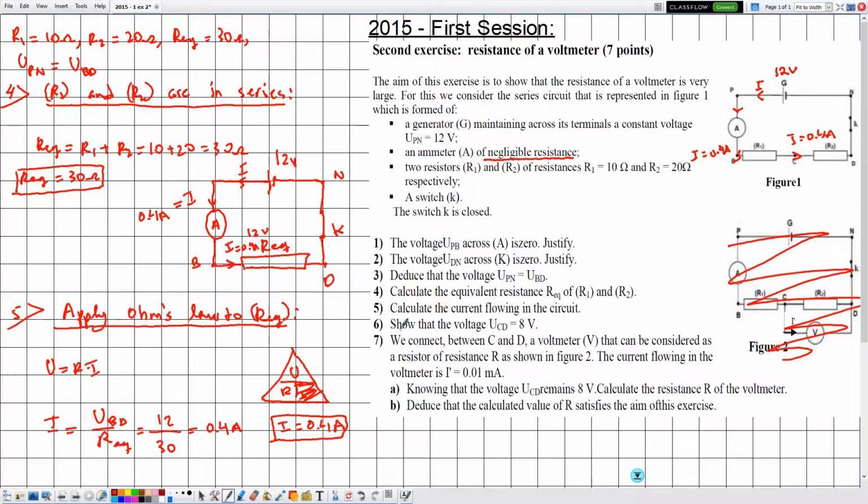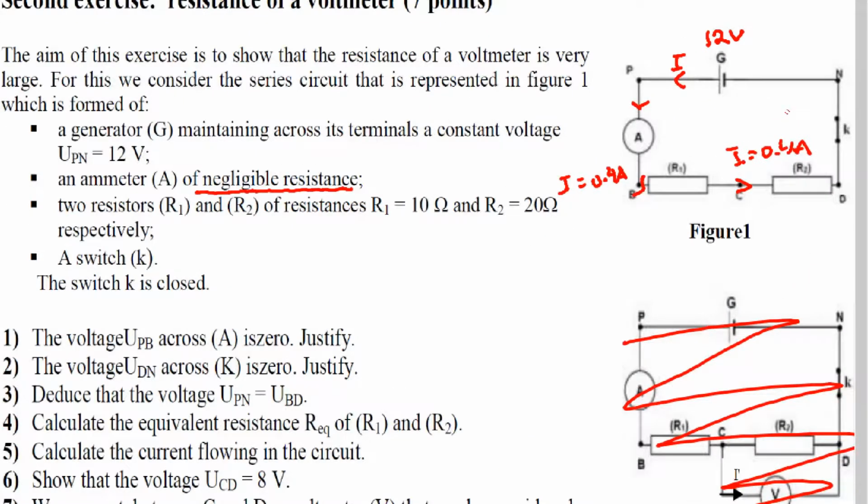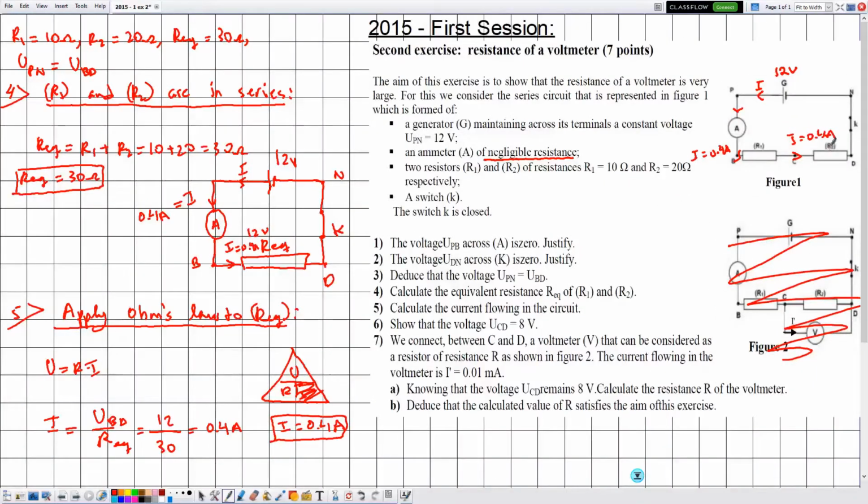And now in number 6, they are telling me to show that the voltage UCD is equal to 8 volts. We will refer to figure 1 to answer this question because the point C doesn't appear on this electric circuit. Now we know the electric current traversing R2 and we know the value of R2 to be 20 ohms. Then we can calculate the voltage UCD using Ohm's law.